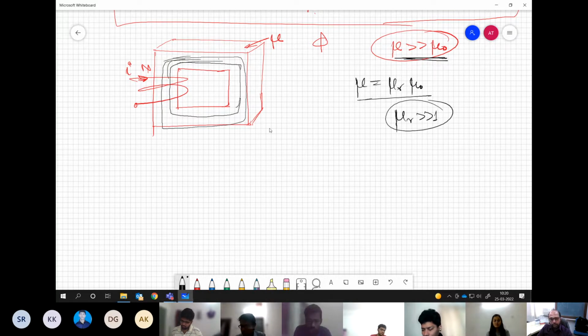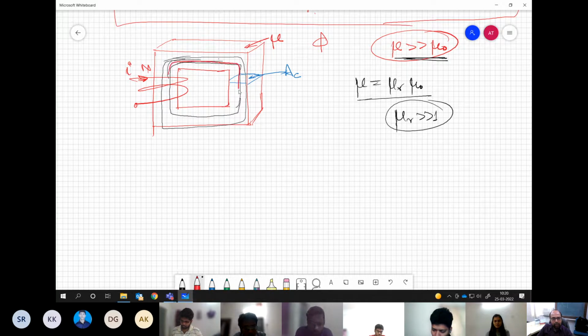The other assumption is that the cross-sectional area of the core, say AC, is uniform throughout. It's not changing anywhere. Then we need to consider a mean length.